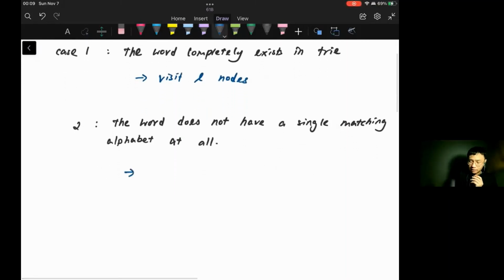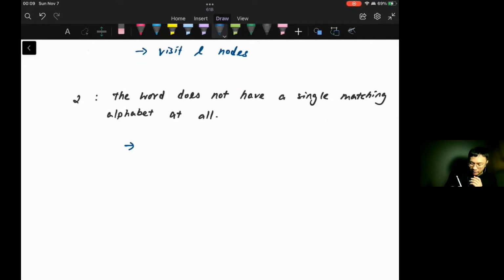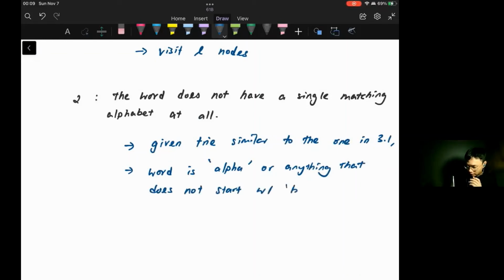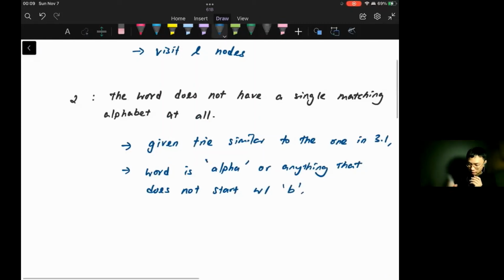On the other hand, for example, if I have a given tree similar to the one in 3.1 and the word is alpha or anything that does not start with B, in that case, the maximum number of comparisons is just one.